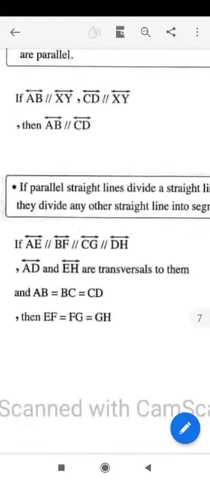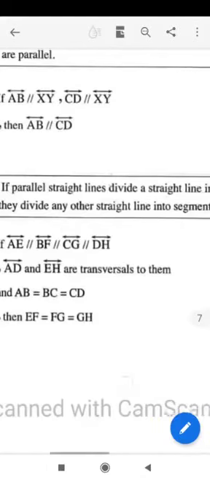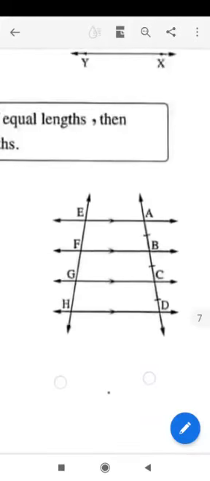If straight line AE is parallel to BF, parallel to CG, parallel to DH, and AD and EH are transversals to them, then AB equals BC equals CD, the parts in the first, and the parts in the second will be equal. It means EF equals FG equals GH.